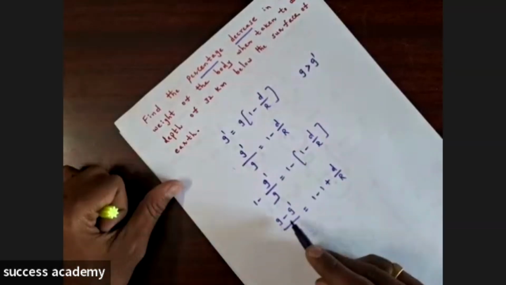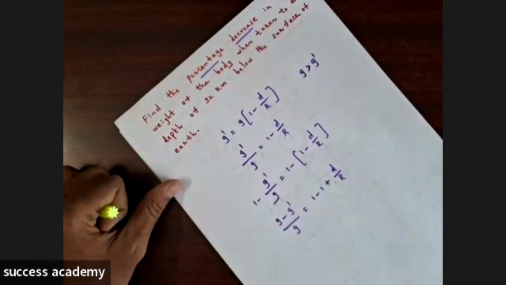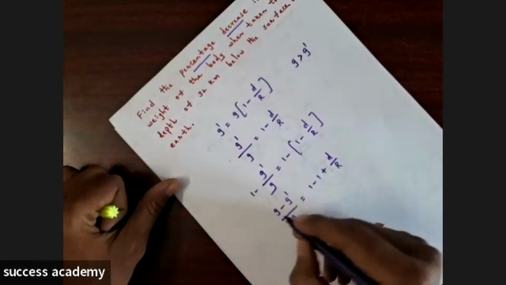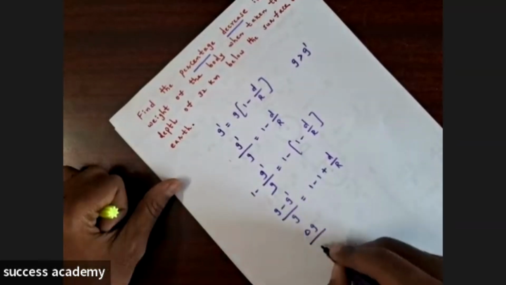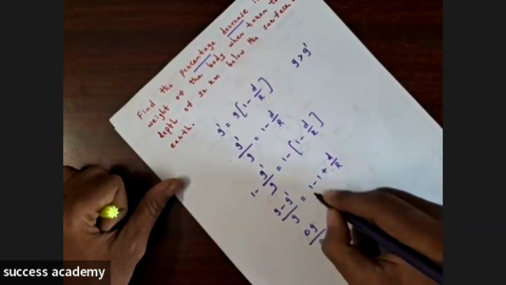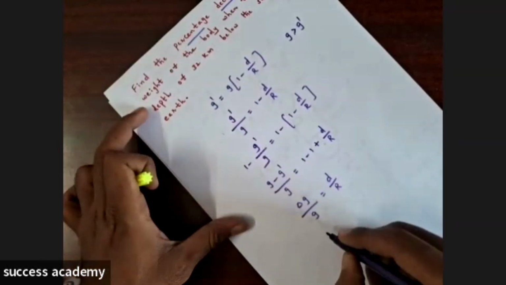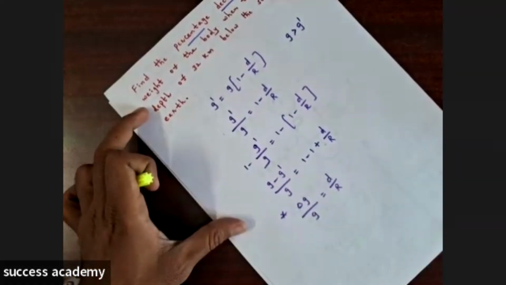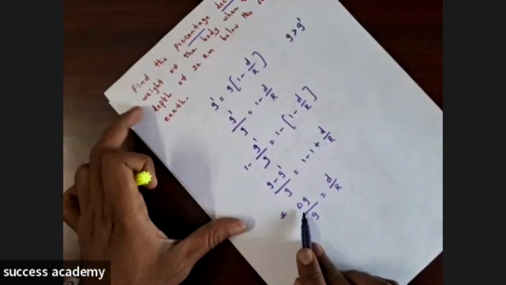Initial value is g, final value is g dash, so I got g minus g dash. Now g minus g dash is nothing but delta g, the change in gravity, by g. 1 minus 1 get cancelled, leaving d by R. This is one formula: delta g by g is equal to d by R. Delta g means the difference between the two gravities.